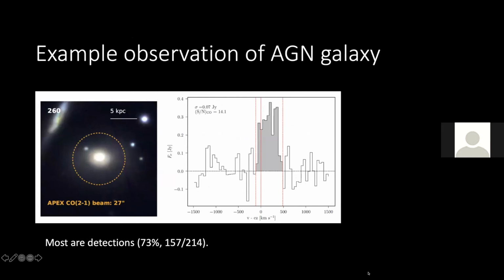The APEX beam is on the left, and the image of the galaxy. The dashed orange line is showing you that we're getting most of the host galaxy molecular gas. The plot on the right is showing you the CO 2-1 spectra. And actually, surprisingly, most of our sample is detections, which was a really interesting result because we didn't actually expect that.